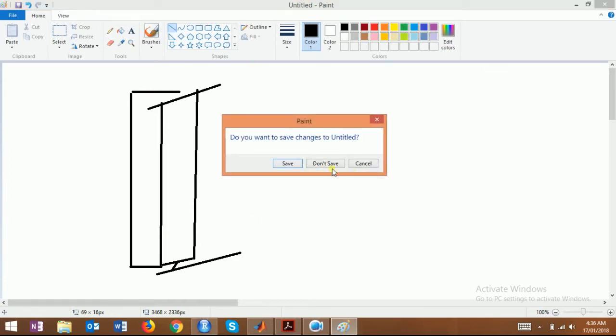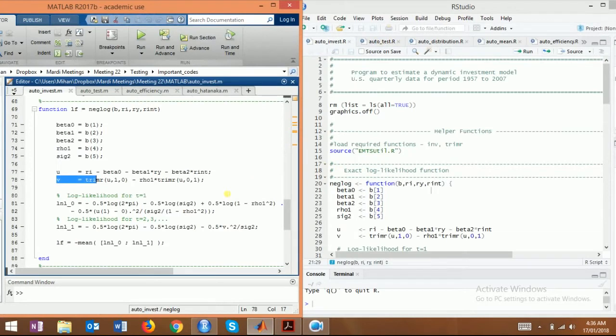So this is something important to remember, the structure of how we remove the rows. For ut, we remove the first row but nothing from the last row. For ut minus 1, we remove nothing from the beginning and one row from the end.